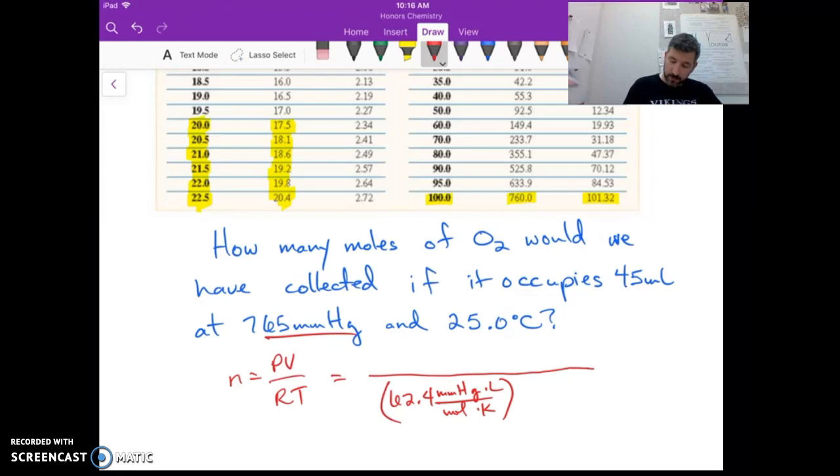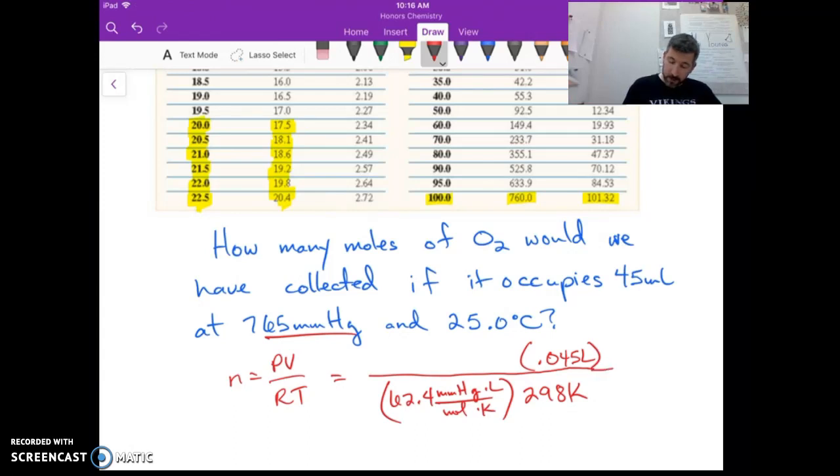Our temperature is 25 degrees Celsius. If I add 273 to that, I get 298. Our volume is going to be in liters so that it matches the unit in the R value, so 0.045, yes, 45 milliliters.